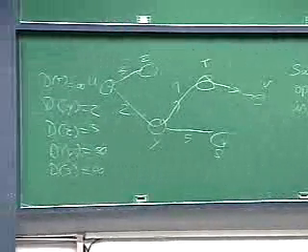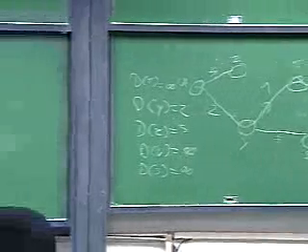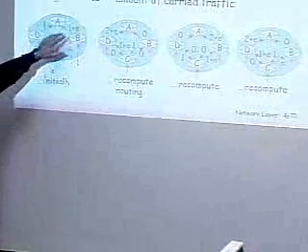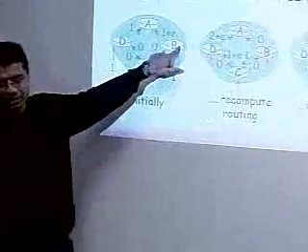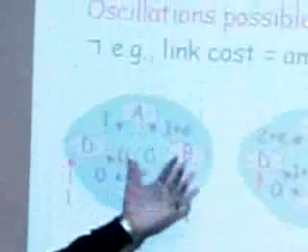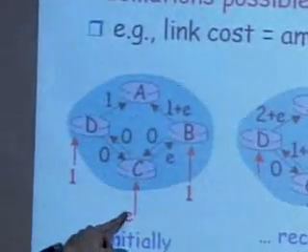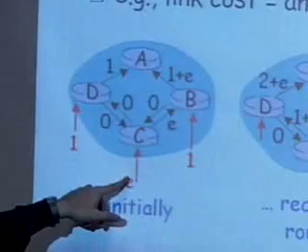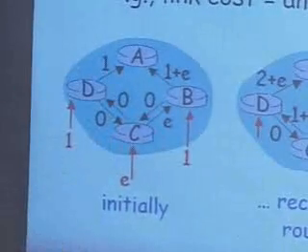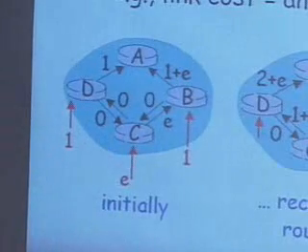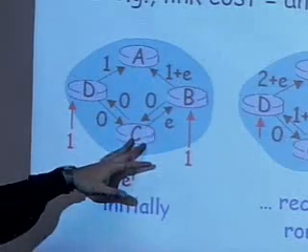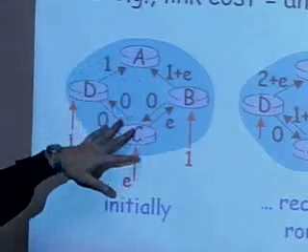So the simple example is depicted here. You have a 4-node network. Nodes D and B are sending 1 unit of traffic to node A. Node C is sending a small amount of traffic E to node A. Once you go through Dijkstra's algorithm and you compute the paths, node C will probably choose this path or this path.